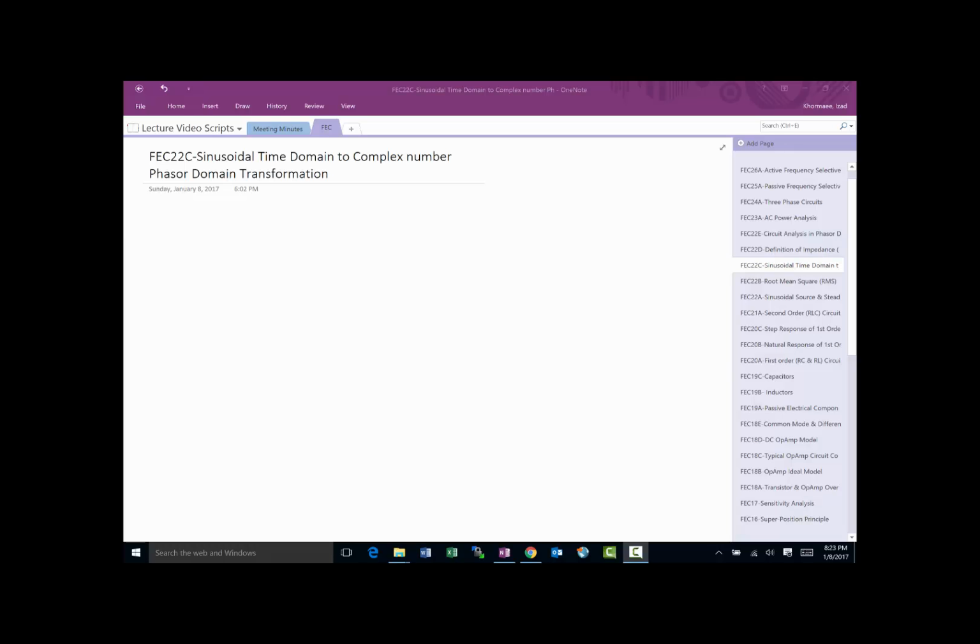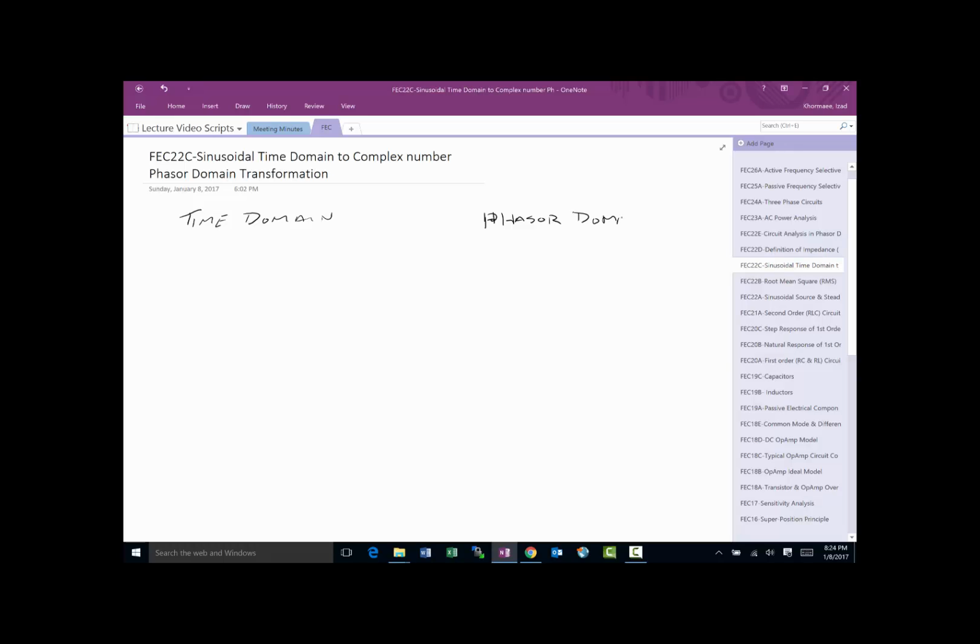We will take signals that are given to us in time domain, and we will move them into what we're going to call Phasor domain. And the hope is that in the Phasor domain, we will have an easier time solving the problem.